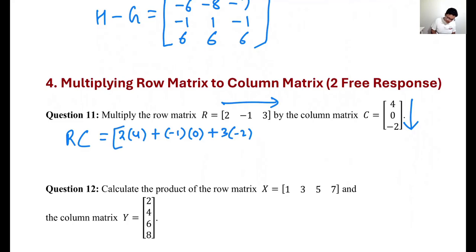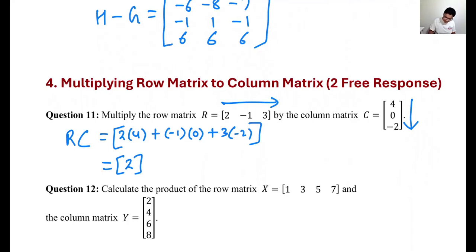And all of that goes into one element. That becomes one element in the resulting matrix. And as you can see here, this gets like 8 plus 0 minus 6, so 2. When you simplify, it just becomes a 1 by 1 matrix.